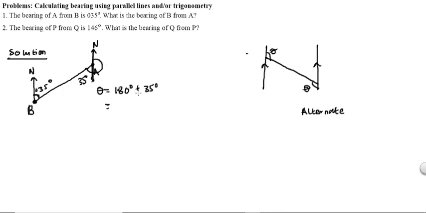And then 180 plus 35 is 215 degrees. Note that the entire angle from here to this point is 215 degrees. Therefore, the bearing of B from A is equal to 215 degrees.